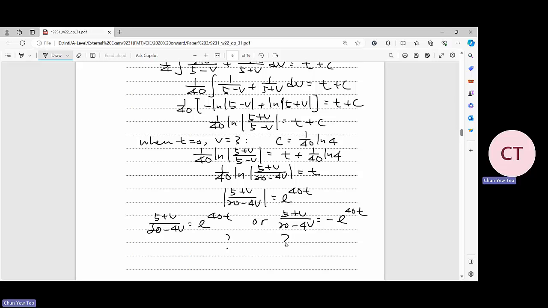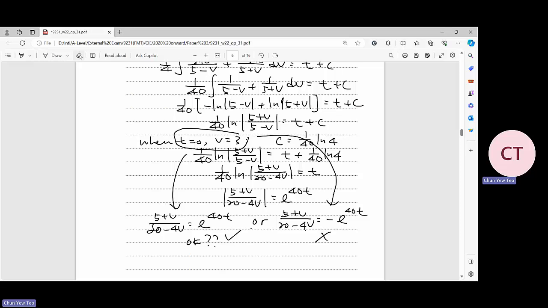In order to make a decision correctly, what you need to do is very simple. Because this is the condition given, you put this condition inside here. Is it fulfilled? Yes, it's fulfilled. But if you put this condition inside the other one, it doesn't fulfill.